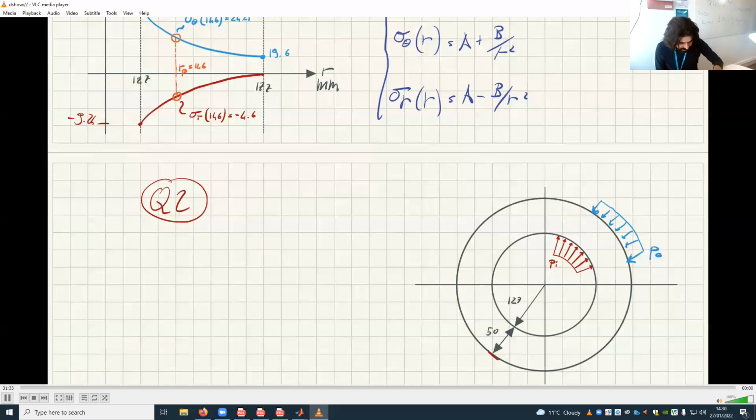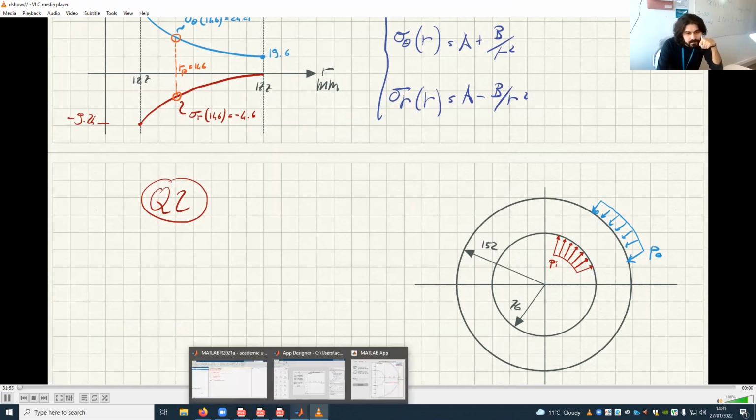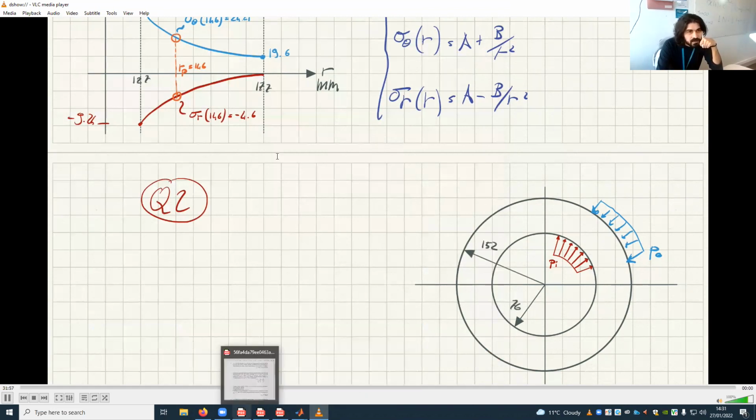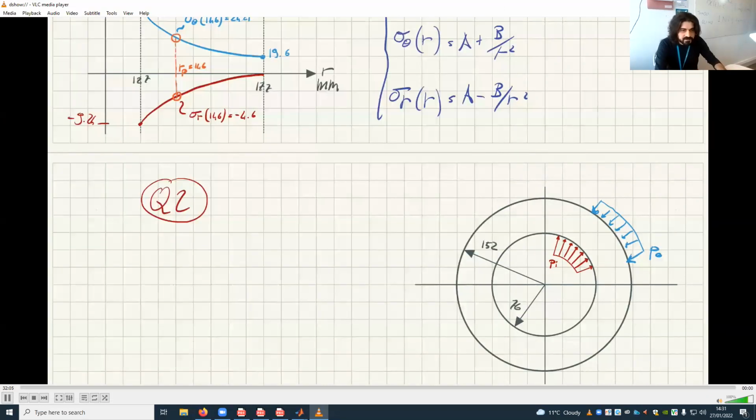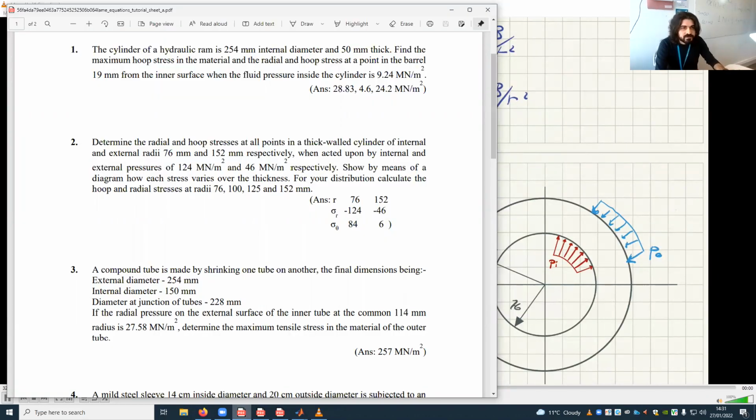So this is 76. This is not there, this is not there. And this one is 152. What else? 124 megapascal and 46 megapascal. So I forgot it already. 124, 46.